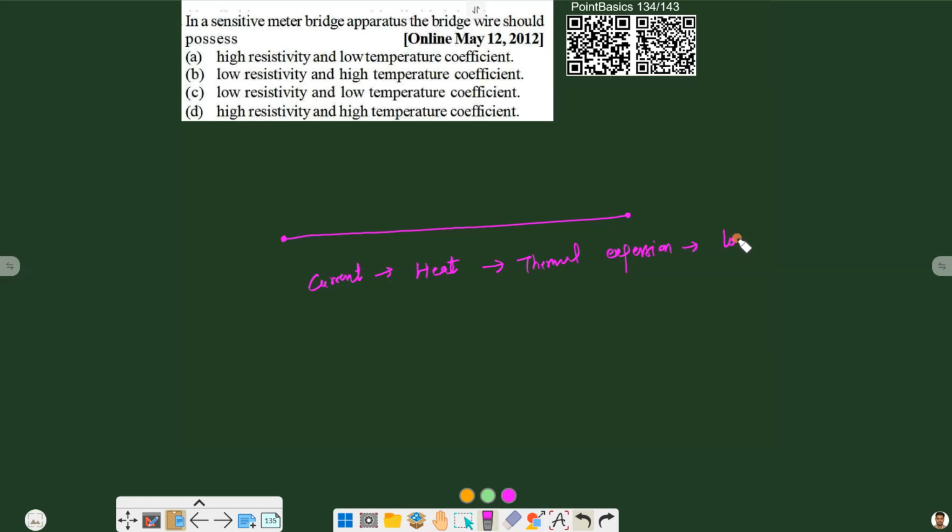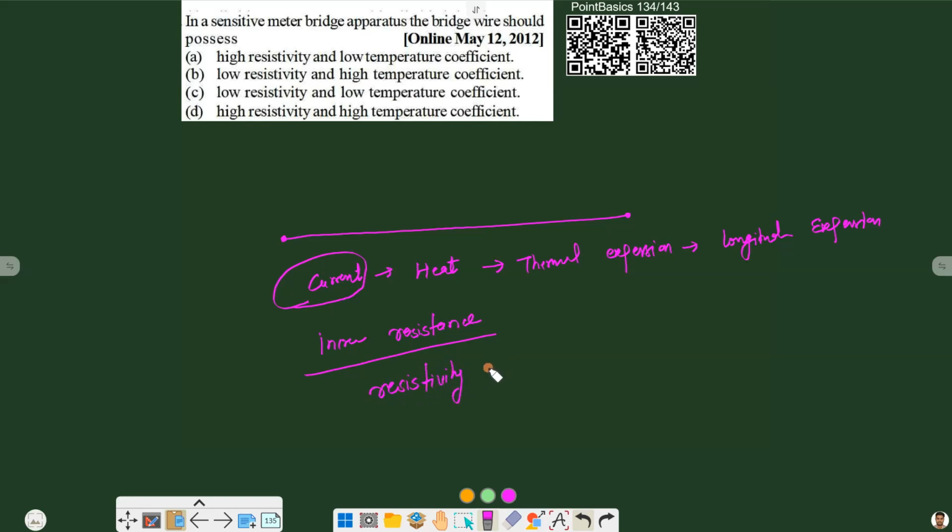Longitudinal thermal expansion. So we have to minimize this thermal expansion, and that we can do by reducing the current. And how can we reduce the current? By increasing the resistance of the wire.